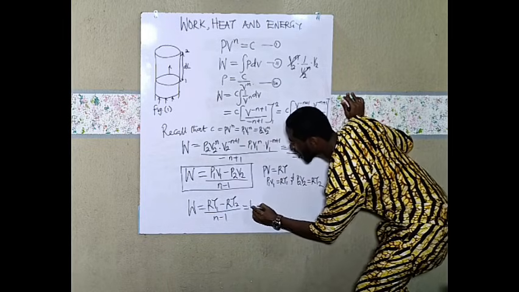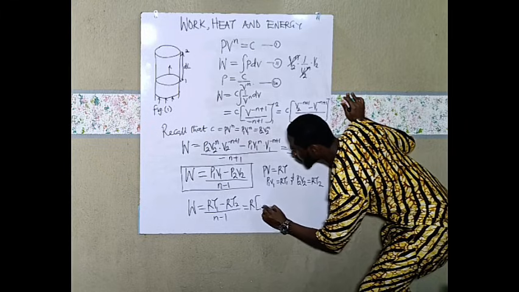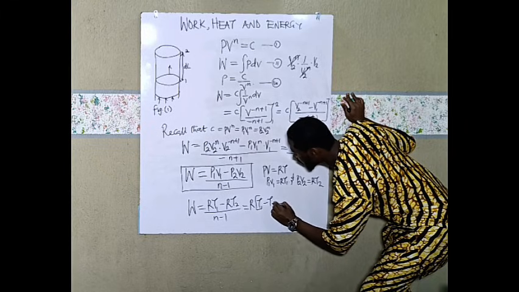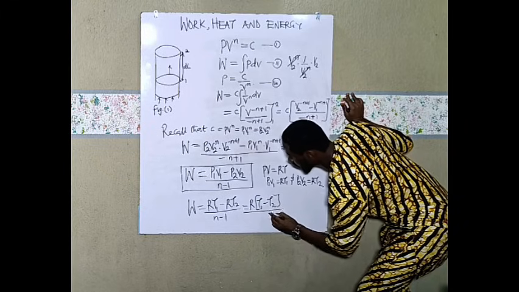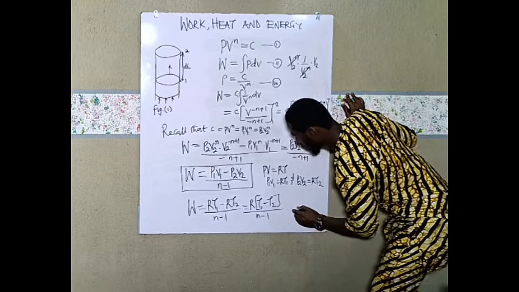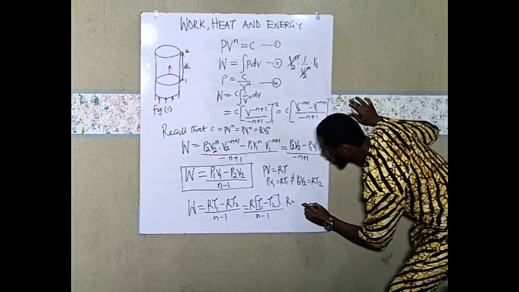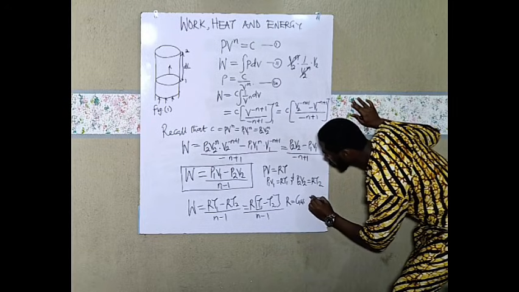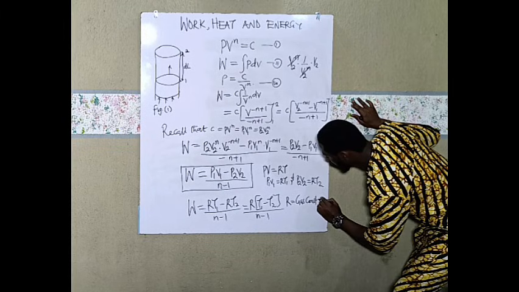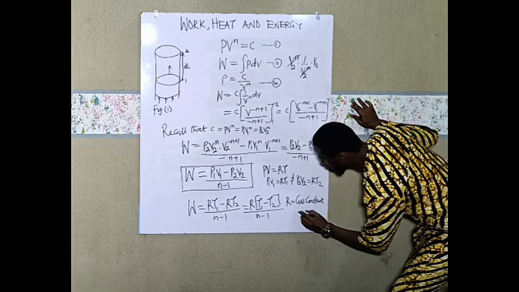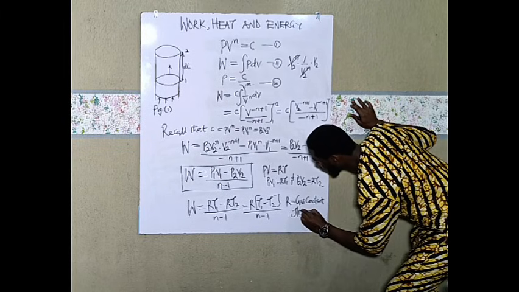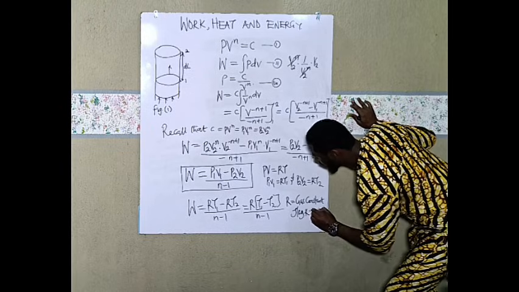R is common, which gives R times T1 minus T2 over n minus 1. R is known as the gas constant, which is measured in joule per kilogram Kelvin.